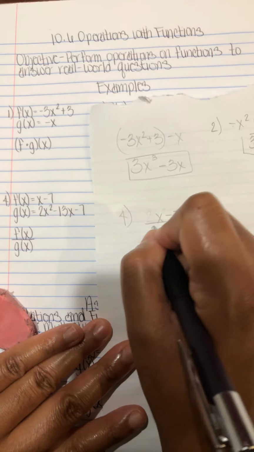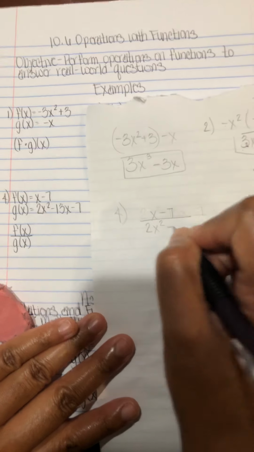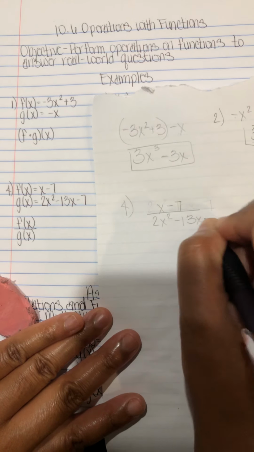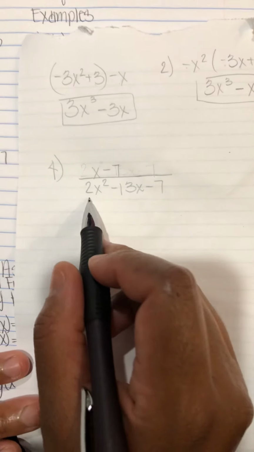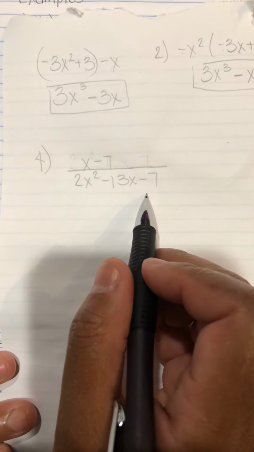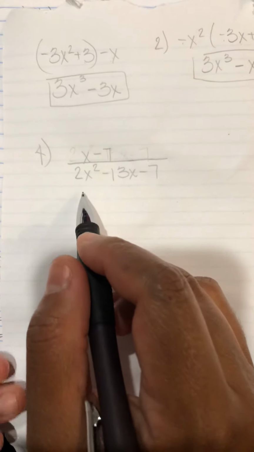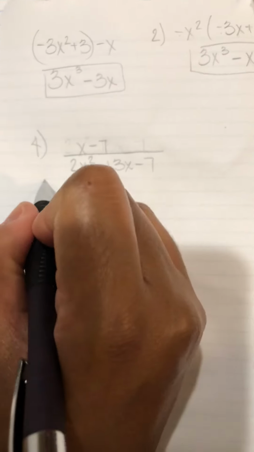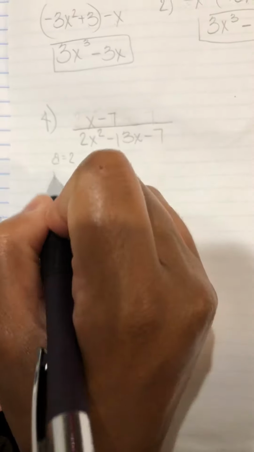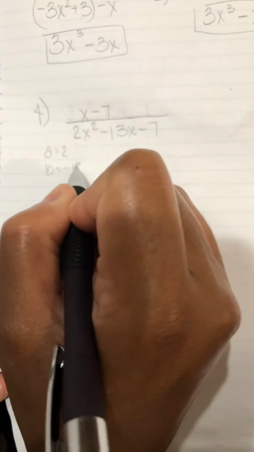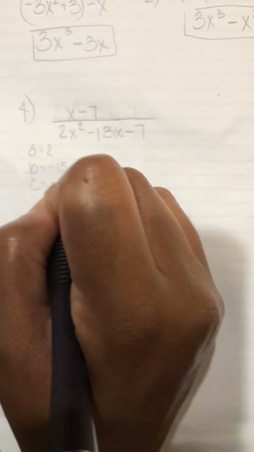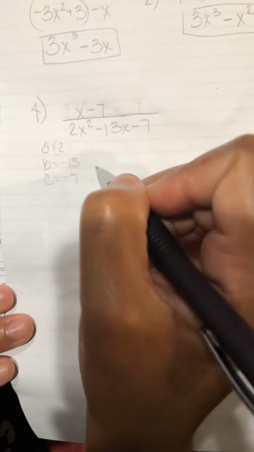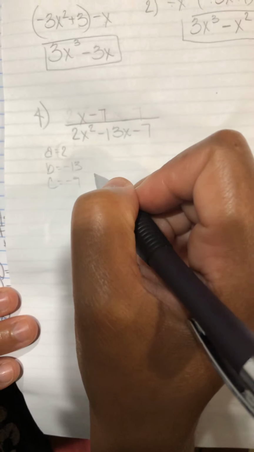G of x is 2x squared minus 13x minus 7. Now, you guys should remember how to deal with this. For the second one, you have your A as being 2, B as being negative 13, and C as being negative 7.